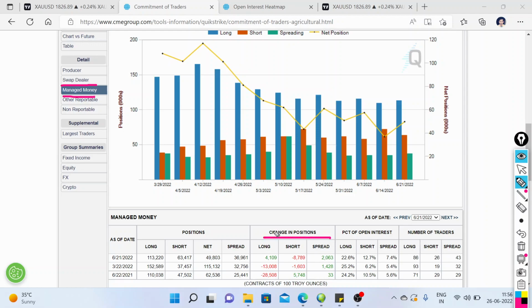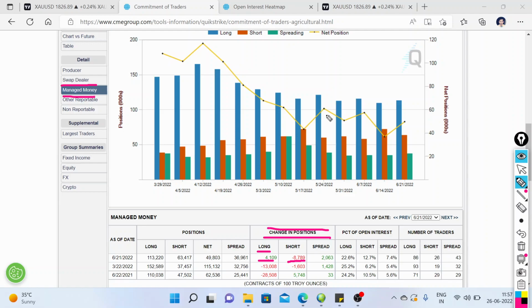In this latest COT report, in the change in positions, you can clearly see that we have some increment in the net long positions this time. They have added contracts in long positions, which is 4109 this time, and they are pulling money from the short contracts, which is minus 8789 this time.